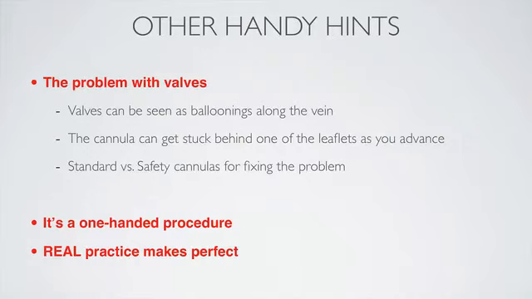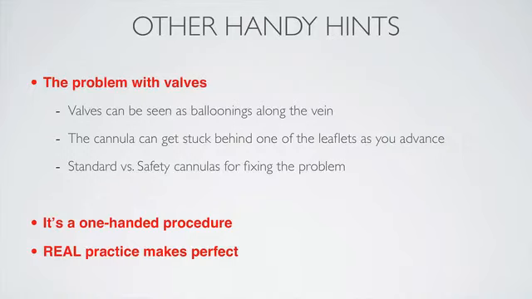Another thing you can do to overcome this problem is to re-advance the needle into the plastic cannula and further advance to get past or perforate the valves. But this should be done in advanced hands. You probably end up transfixing the vein.